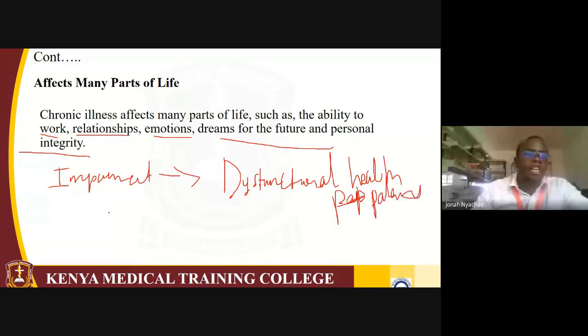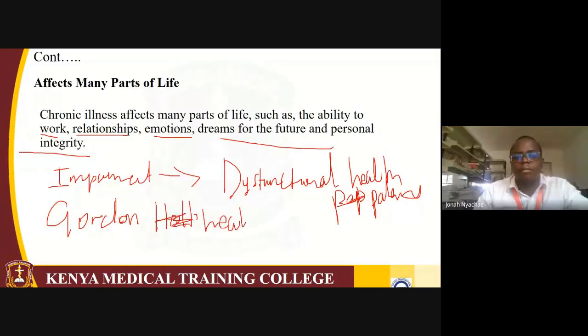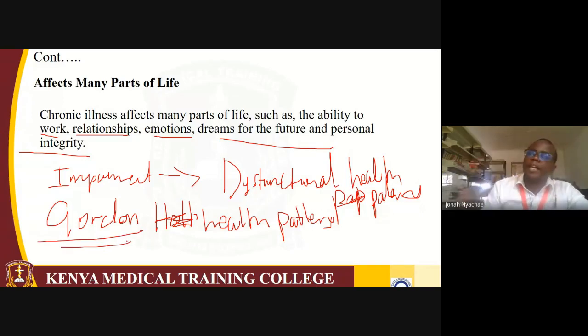So maybe you can go and look at Gordon's functional health patterns. This one is a nursing assessment tool to find out which patterns have been affected. Gordon's basically talks about 11 functional health patterns.